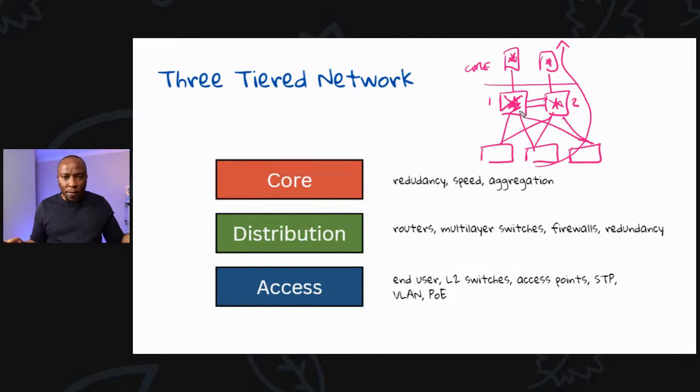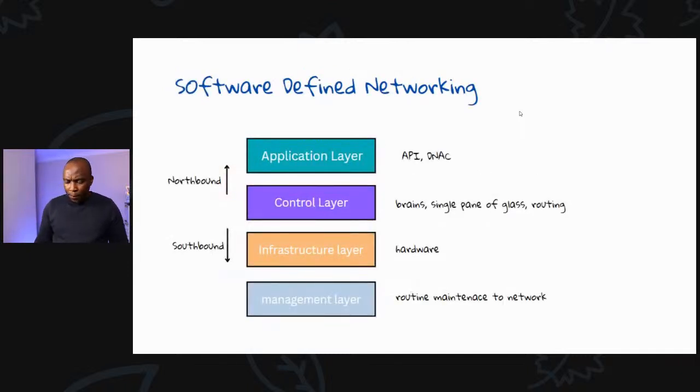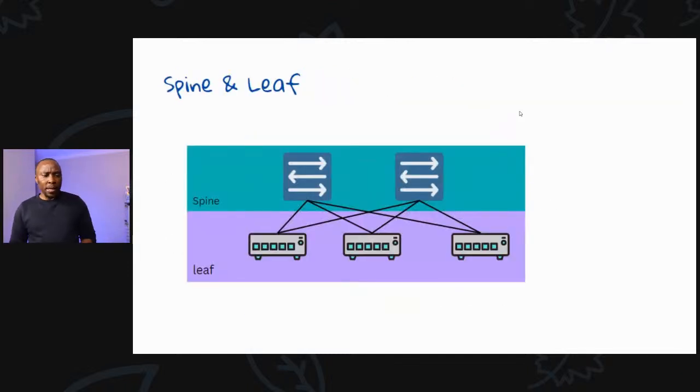It's been popular for quite a while, but there's a shift from the 3-tiered system to what is known as the spine and leaf. And this is more focused towards data center, and as you go towards software-defined networking.